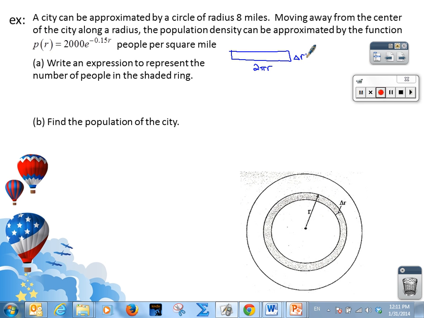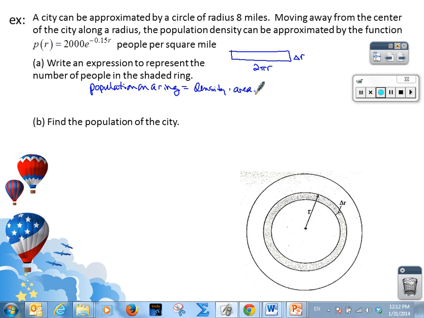So if we're going to write an expression for really anything to do with a number of people, whether it's in this little shaded strip or in the entire figure, let me write this down. The population on a ring is density times area.